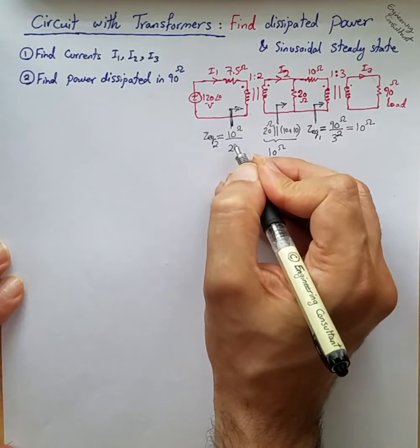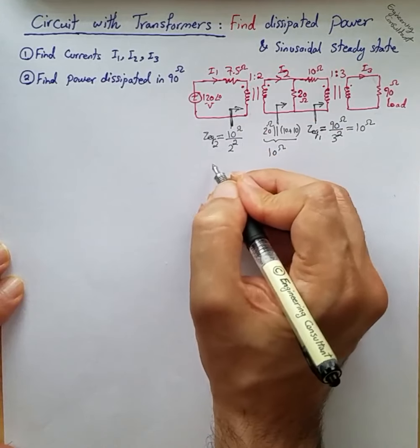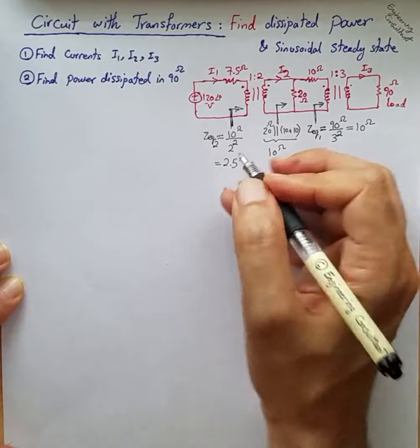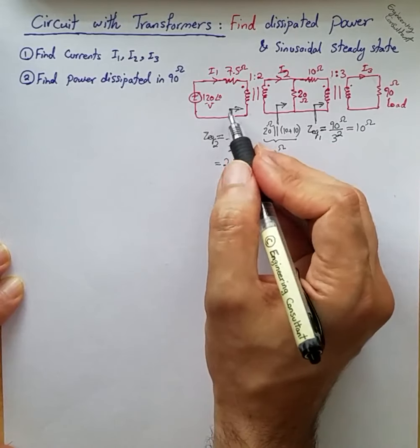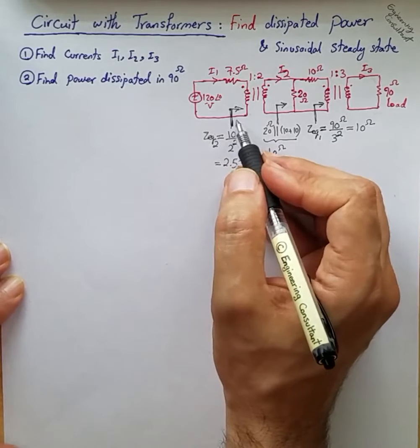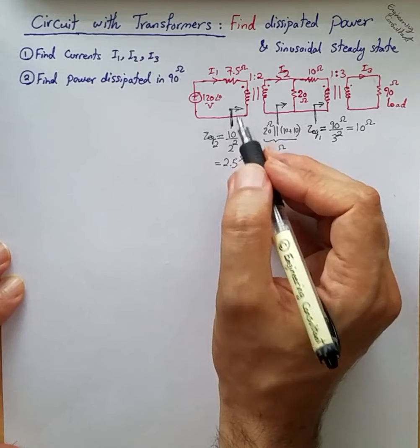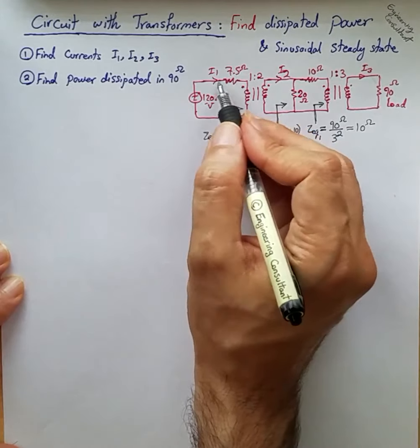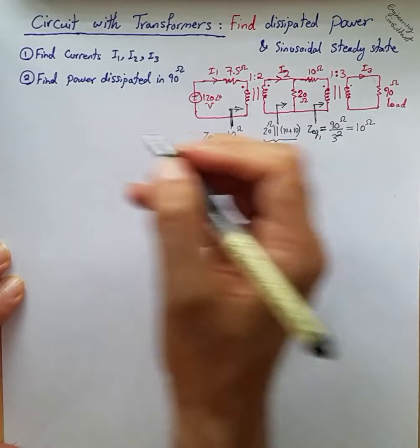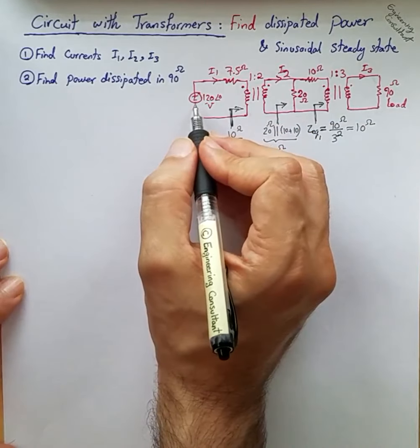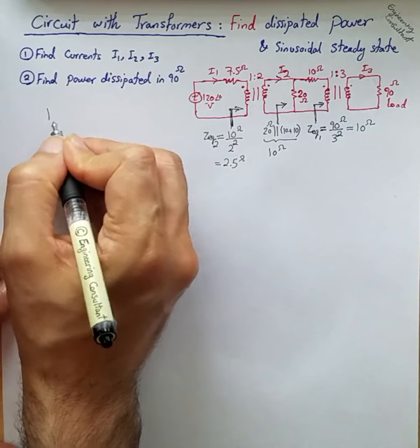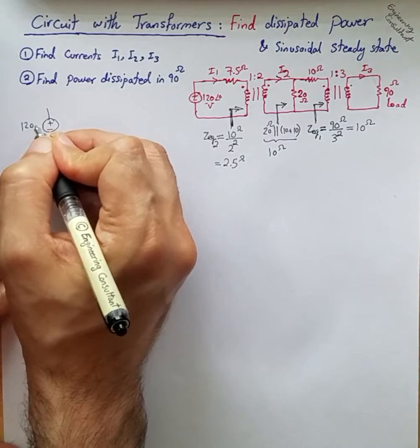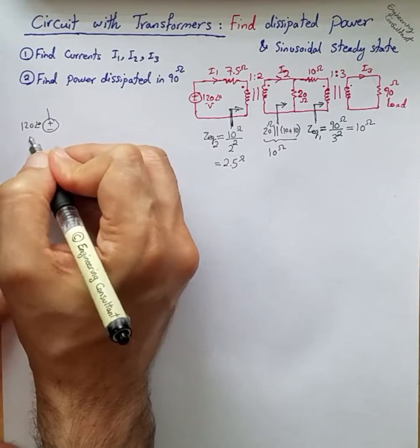It will be 10 divided by 2 squared, which is 2.5 ohm, the equivalent impedance seen from the left hand side of the 1 to 2 transformer. Now that 2.5 ohm will be in series with 7.5, so it's a total of 10 ohms seen from the perspective of the voltage source.